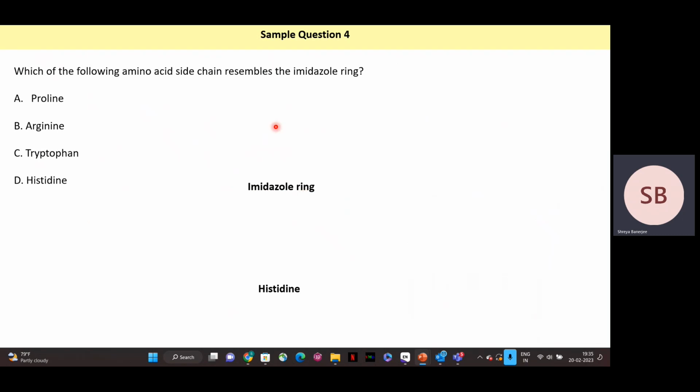The fourth question is which of the following amino acid side chains resembles the imidazole ring?